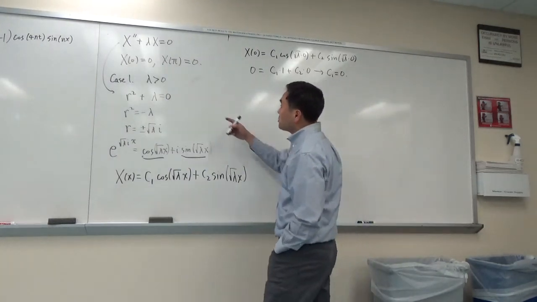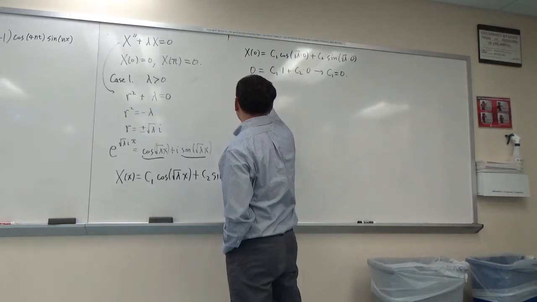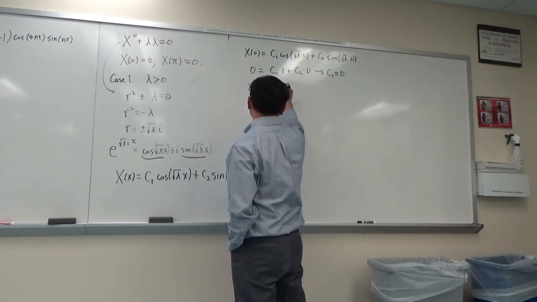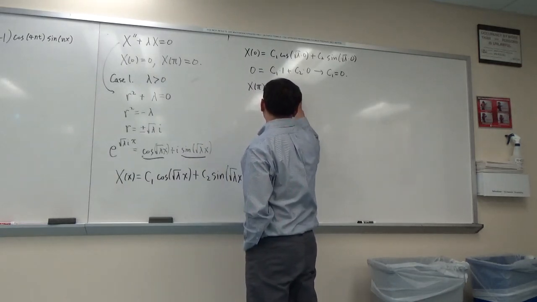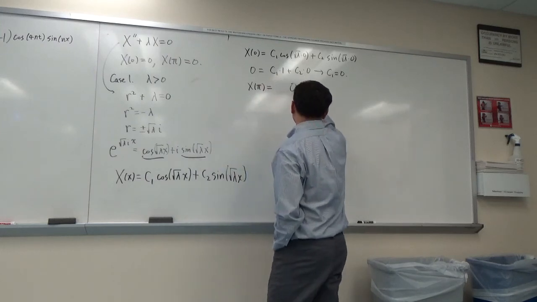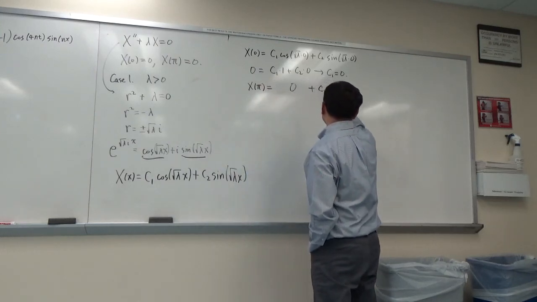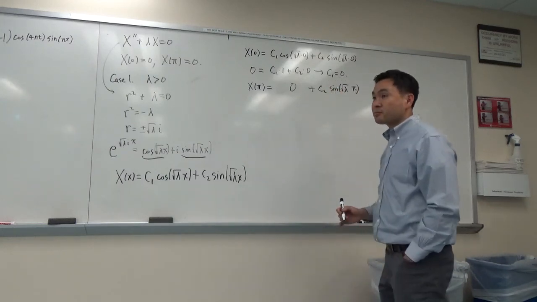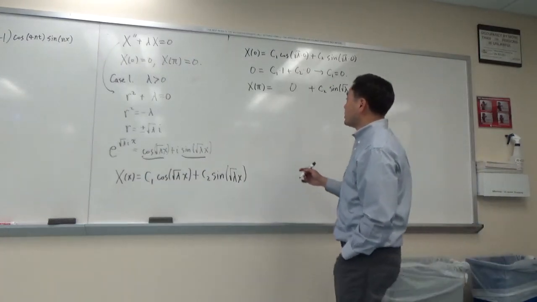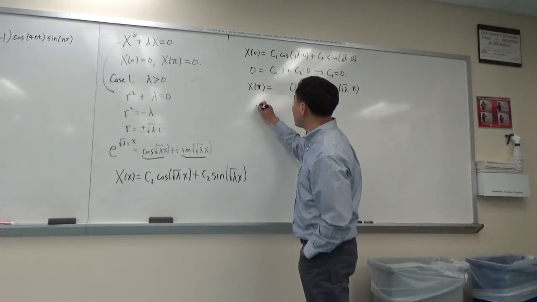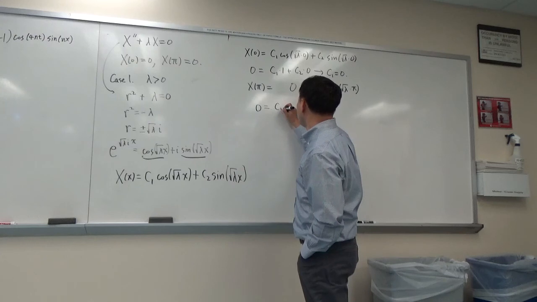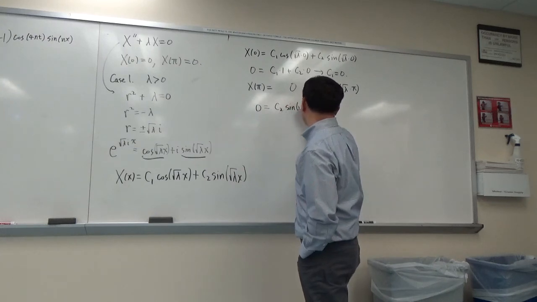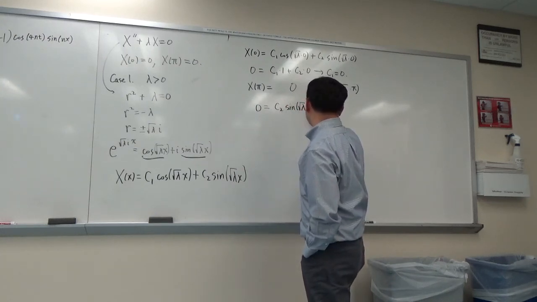Now let's see what this gives you. x of pi gives you c1 times, actually c1 is 0, so this is just 0, I don't care. c2 times sine of square root of lambda times pi. Since x of pi is 0, you have 0 equals c2 times sine square root of lambda times pi.